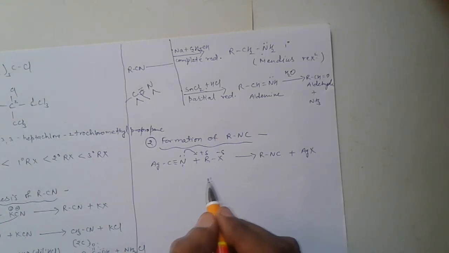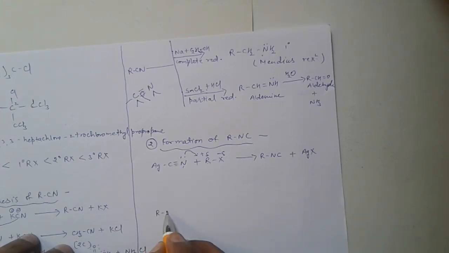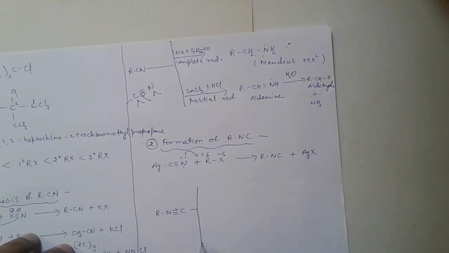Alkyl cyanide is also a very useful compound which is used for preparation of organic compounds. For example, it is an alkyl cyanide molecule.